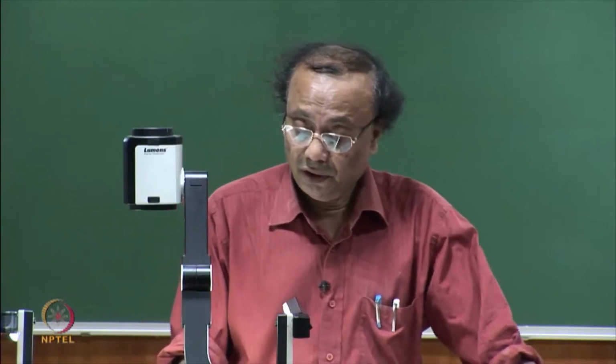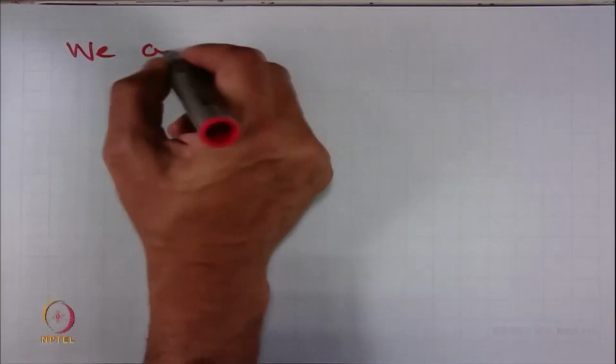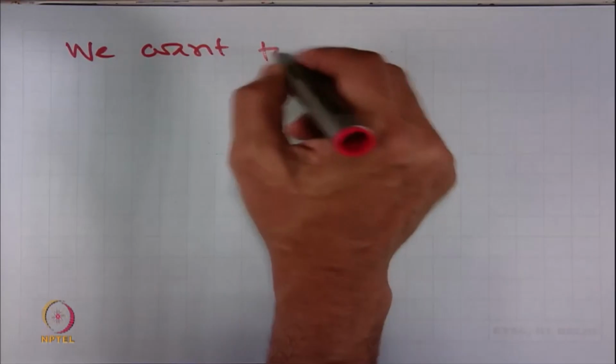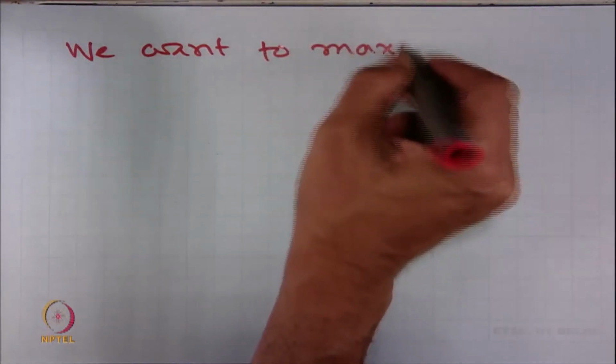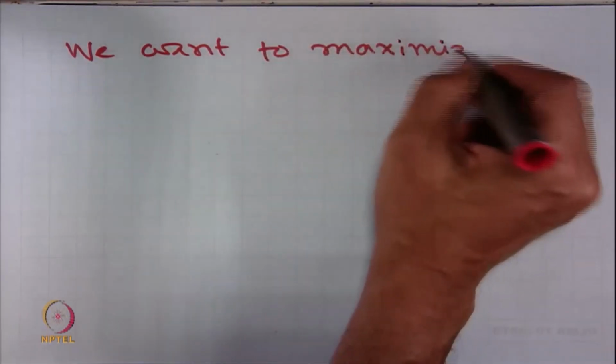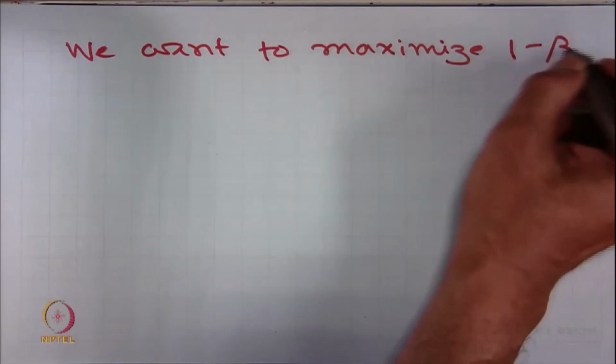This is because we want to maximize 1 minus beta.